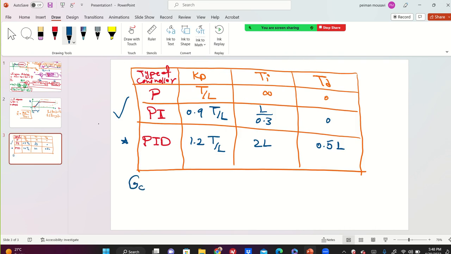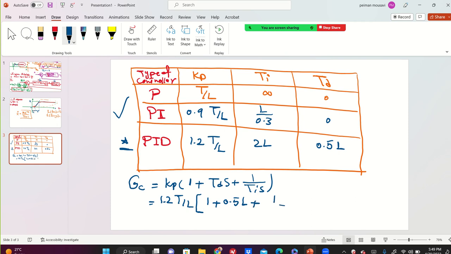So by saying that the controller is PID, KP based on whatever we did, times 1 plus TD S plus 1 over TI S. For example, 1.2 T over L times 1 plus TD, which is 0.5 L S, plus 1 over 2 L S. If you multiply this and do some operation, you get that based on Ziegler-Nichols, if you want to implement the PID controller, it's going to be like this: S plus 1 over L squared divided by S.